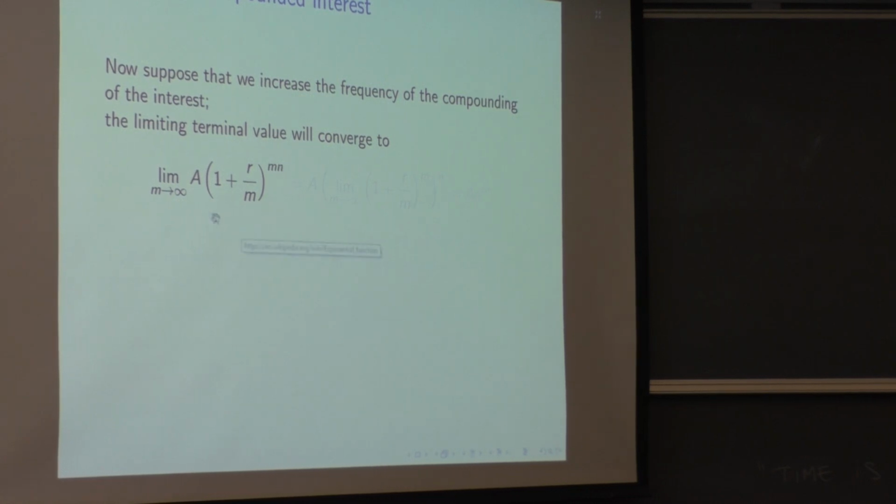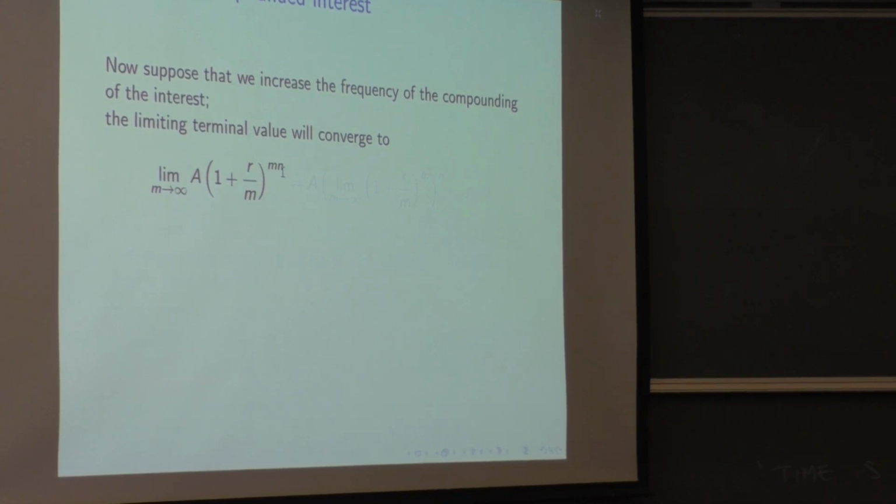So I'm taking the limit of this as m goes to infinity, and now I can pull the A outside, and then I can think of this as taking something to the nth power. Raising things to the nth power is a continuous function, so I can put the limit inside the raising to the nth power operation, and I'm left with this.